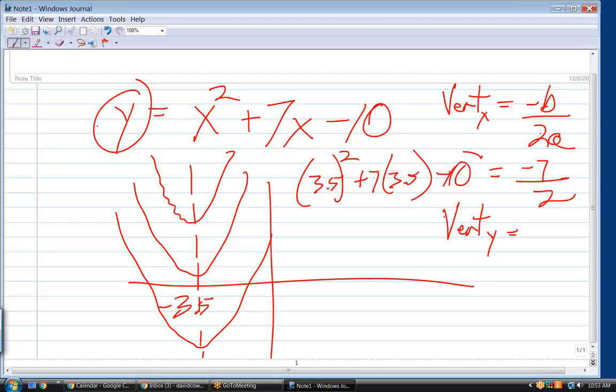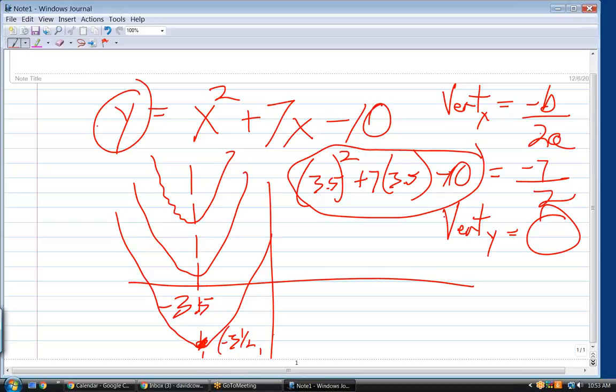We don't need to go through the math, but whatever that number is, I'm going to write there, and it tells me the coordinates: minus 3.5, comma, whatever the y value ends up being. So now I have the most important part of that parabola, the vertex.